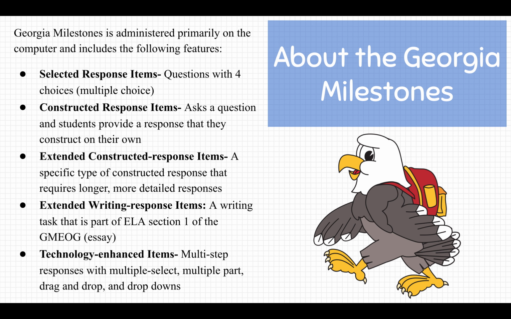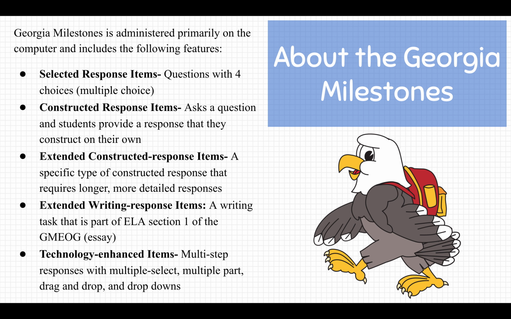So there will be selected response items, and those are just your traditional multiple choice questions. So they'll have 4 choices, and they will select the one that is correct. There are also constructed response items. Those ask a question and the students provide a response. They don't choose from multiple choice. They actually will type in their answer.